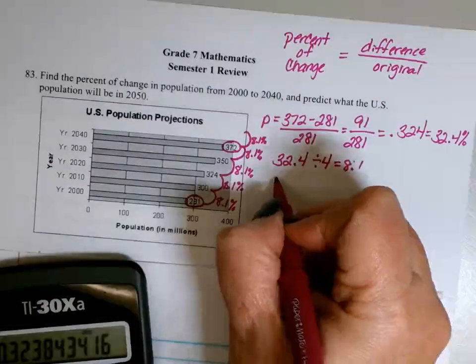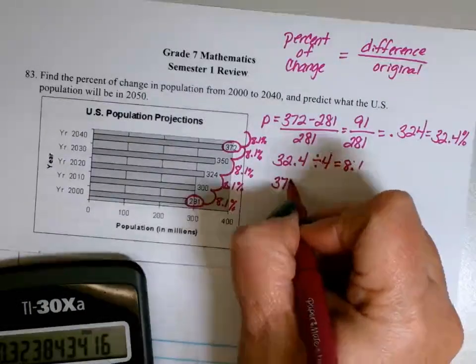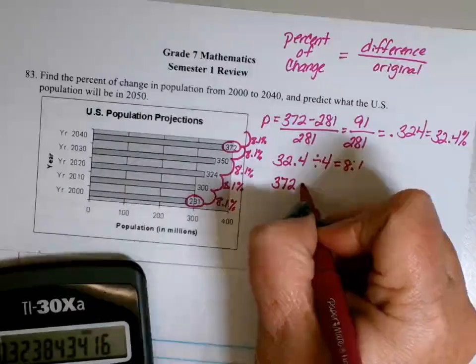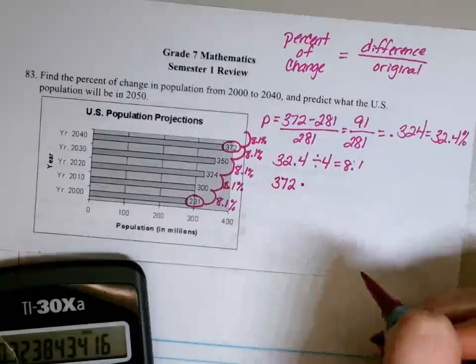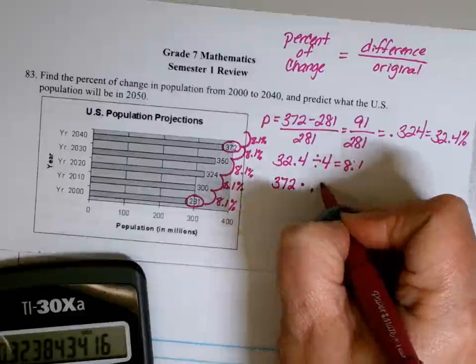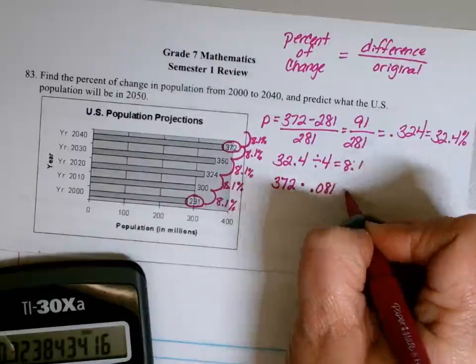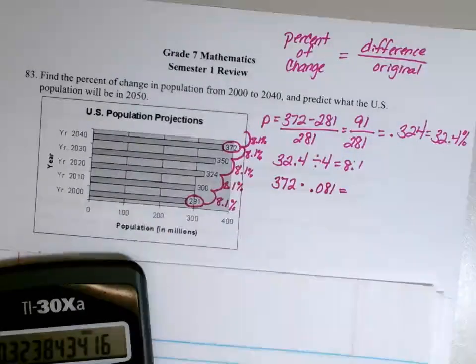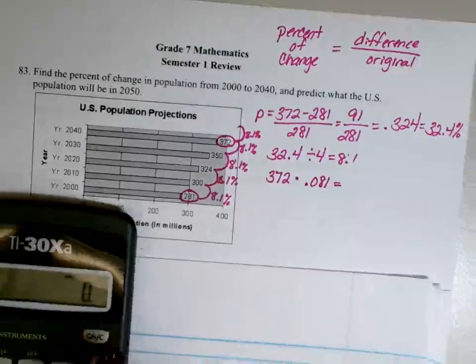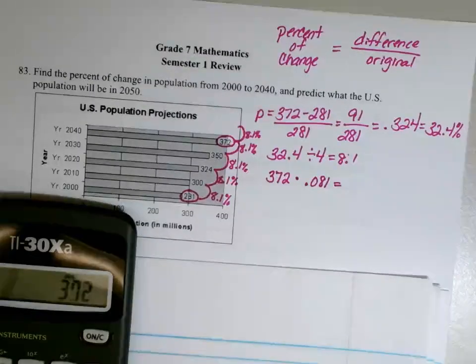I'm going to take 372 and multiply it. I have to convert this to a decimal, 0.081. And what do I get?